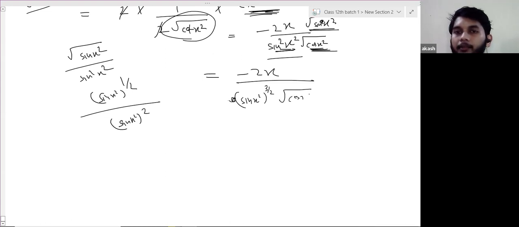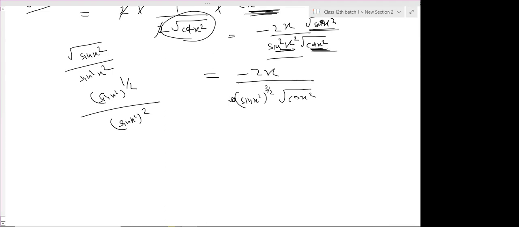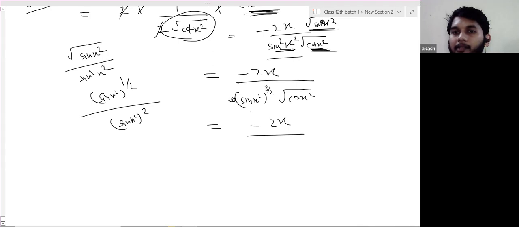Kulsum, this thing is clear? Yes, sir. All right. So now I can write this as this. Be careful about this, under root sine x square into how much will remain here? If I separate this with under root sine x square, how much power will remain here?